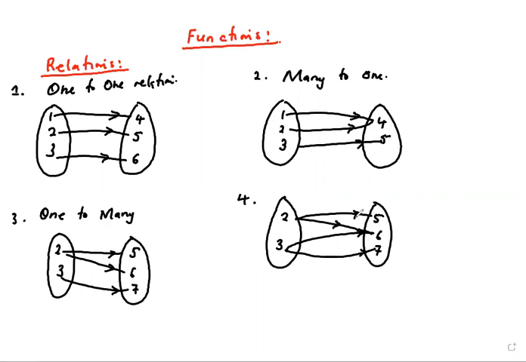What it is now is that 1 is going to many. Also, many going to 1. We have 2 and 3 going to 6. We also have 2 going to 5 and 6. So it's a balanced state, many to many.